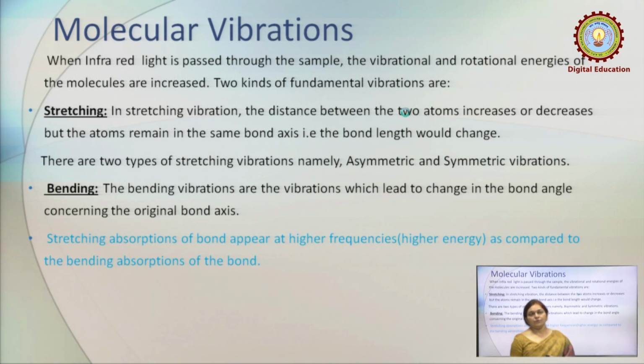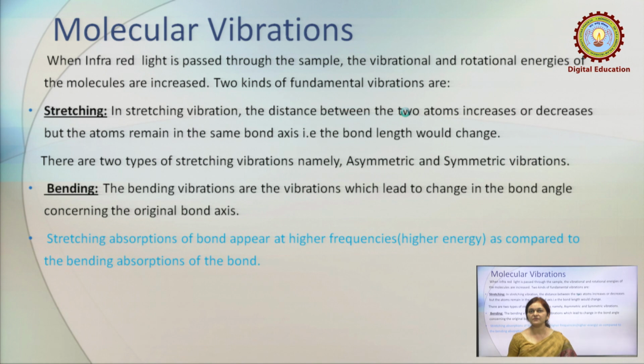Now, when IR radiation falls on a molecule, molecular vibrations take place. When IR radiation is passed through the sample, the vibrational and rotational energies of the molecules are increased and two kinds of fundamental vibrations take place: stretching vibration and bending vibration.